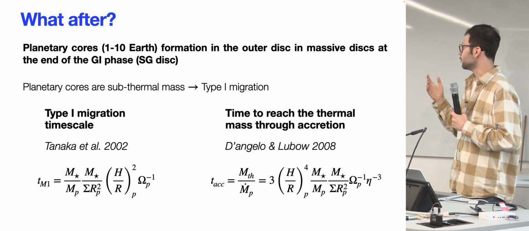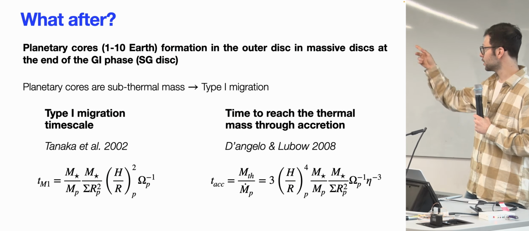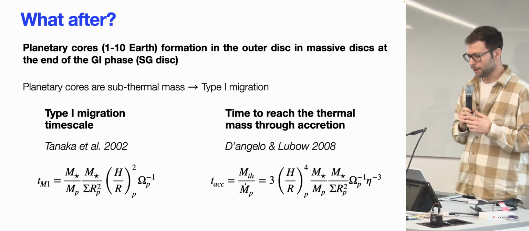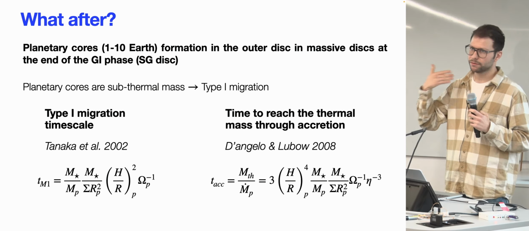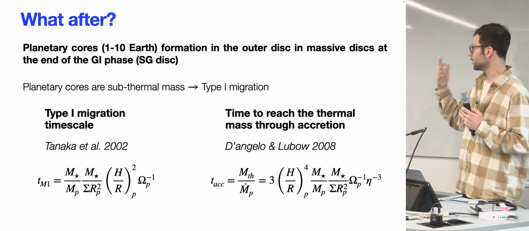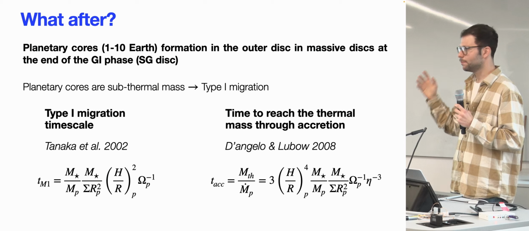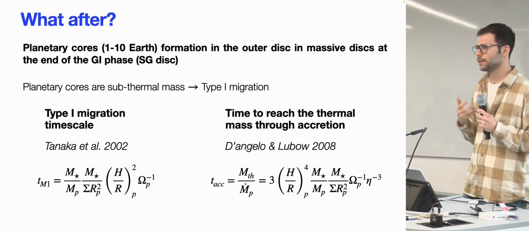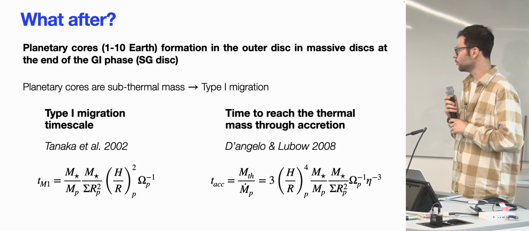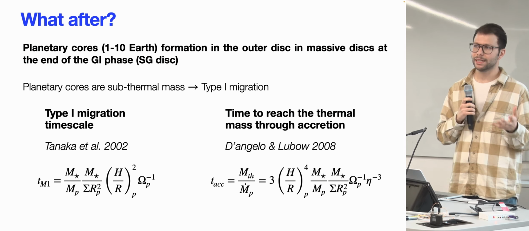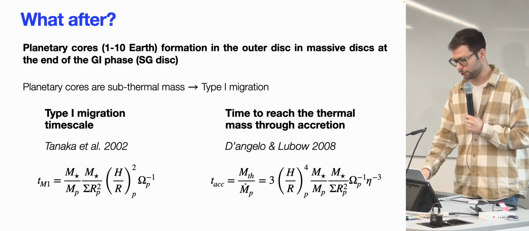The problem is that planet migration for such light planets is really fast, and so we expect these planets to drift toward the central object very fast. But at the same time, the disk is really massive, and so the possibility for these cores to accrete material is really high. They can increase their mass a lot on a small time scale, eventually stopping migration.